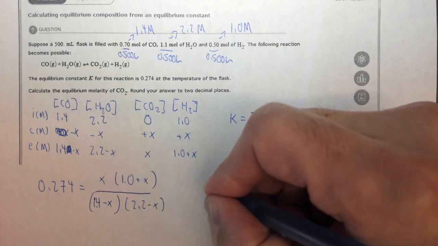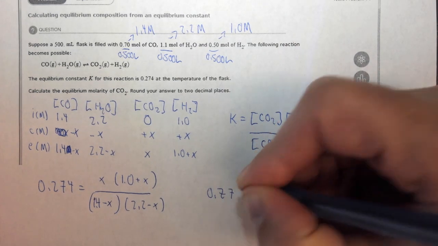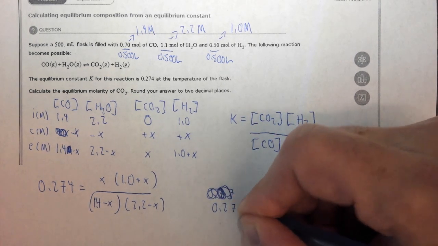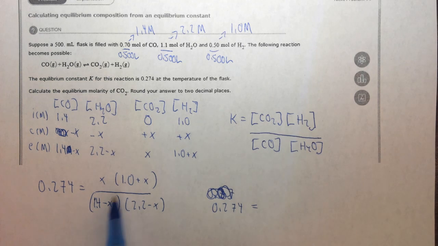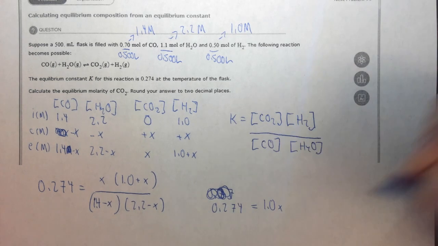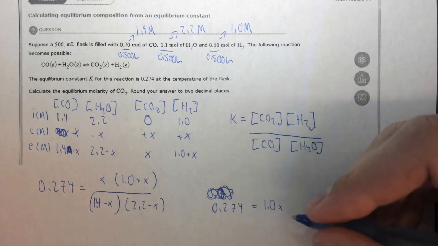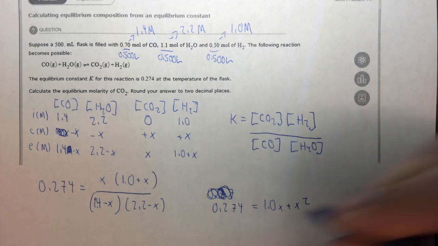So in this case, 0.274 equals, I want to distribute the x through this equation. So x times this is 1.0x, or just 1x, plus x times this, x times x is x squared, so plus x squared.